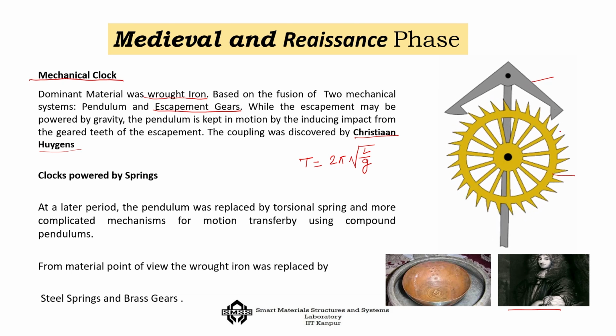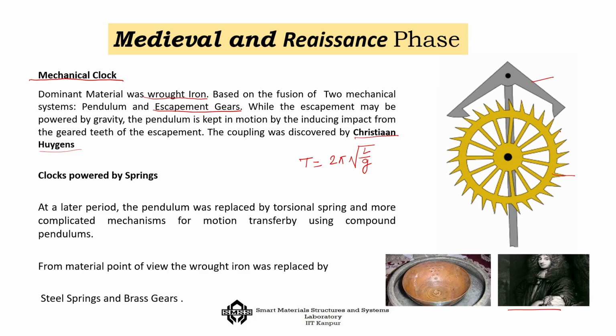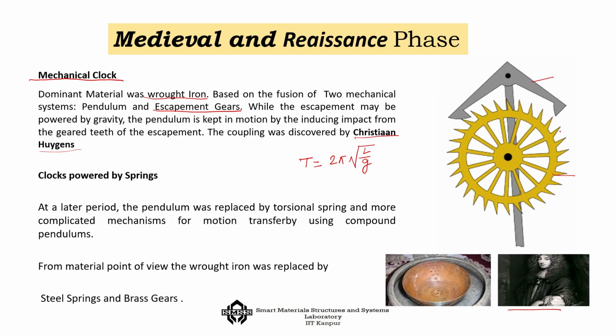In fact, that is why the color is also given that way, that the geared part, the escapement part, later on got shifted to brass, which can give you a much more precise cutting, because brass is harder. So it will give you much better dimensional stability. Okay, the wear will be much less in such a system.